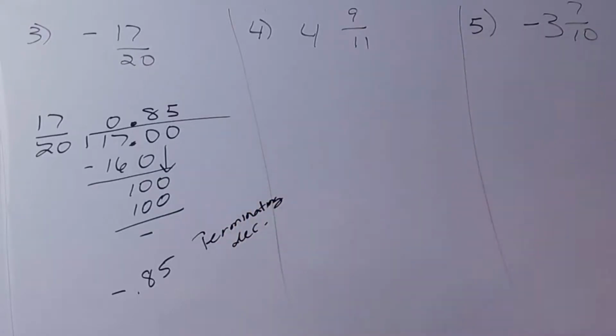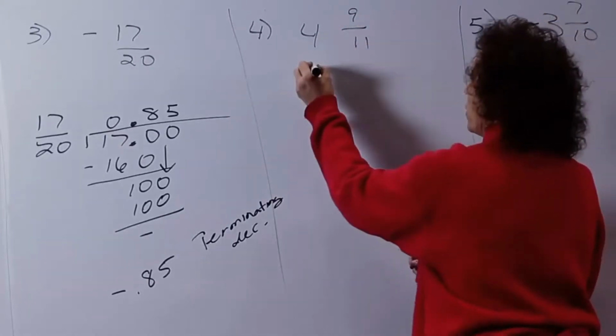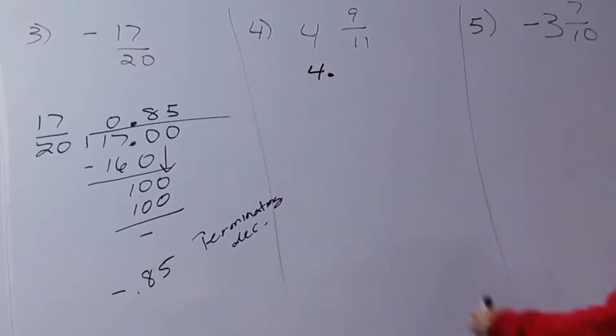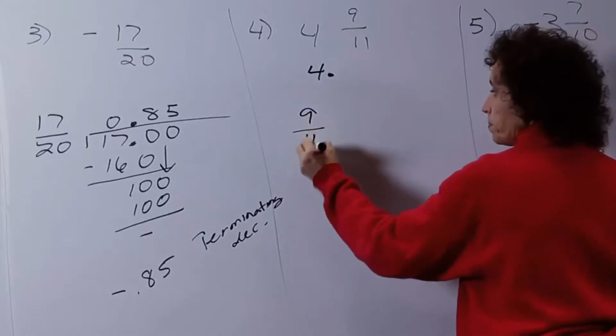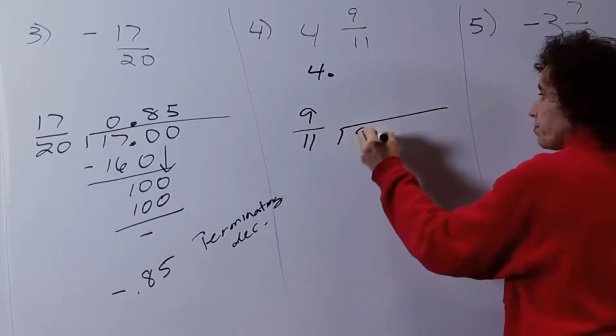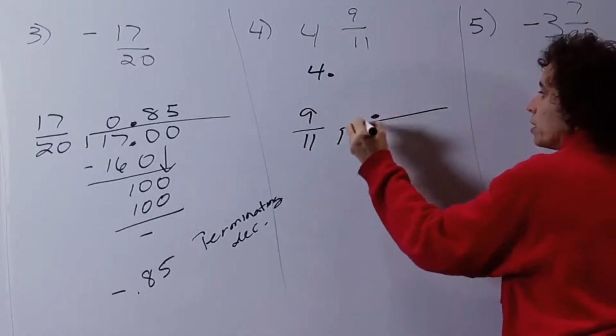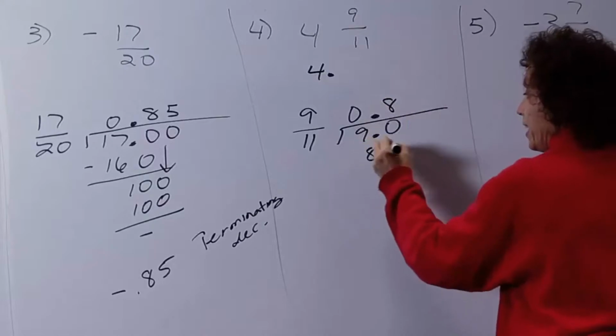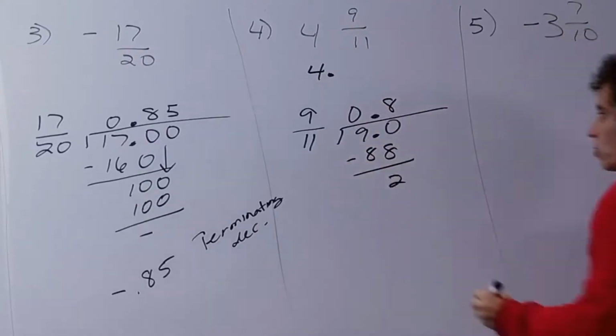Okay. 4 and 9/11ths. Ready? Here we go. I'm going to take care of just the 9/11ths, I think. It's 4 point whatever the 9/11ths is, right? So we're going to do 9/11ths. I like 11. It's easy. 11 doesn't go into 9, but 11 goes into 90 8 times. That's 88. Remainder 2.